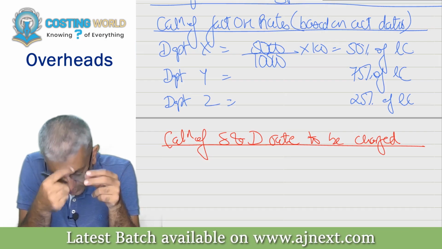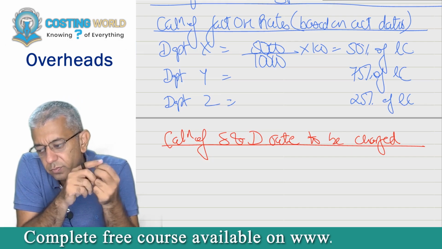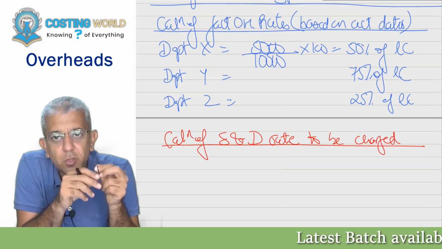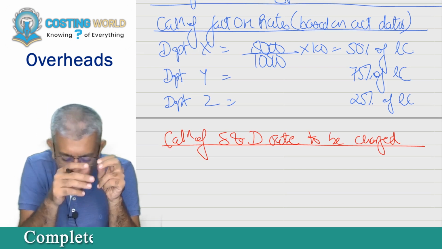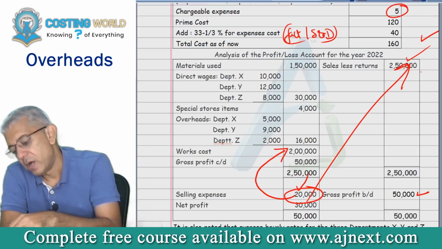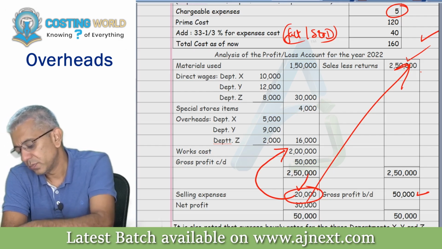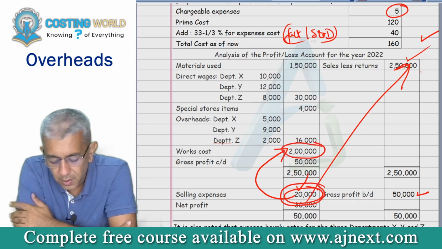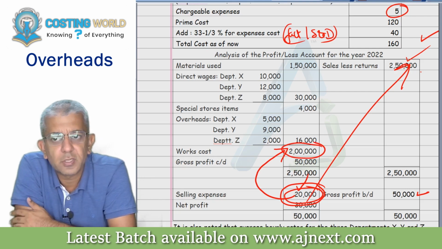We absorb S&D overheads based on factory cost, which is equal to 20,000 divided by 2 lakhs into 100, is equal to 10%.